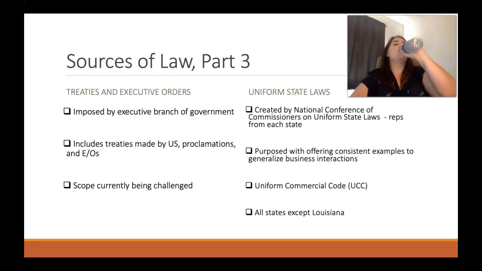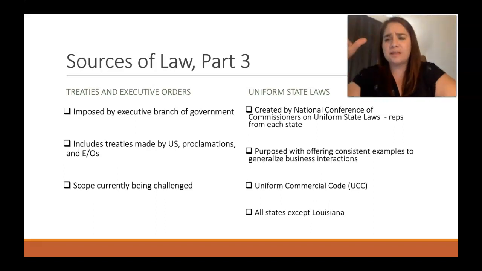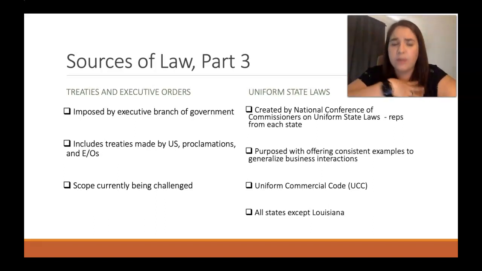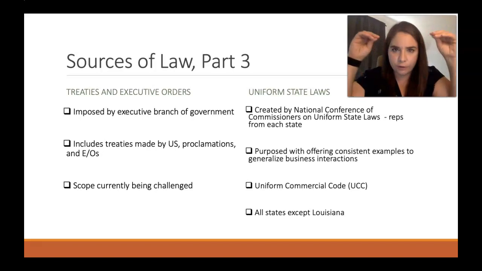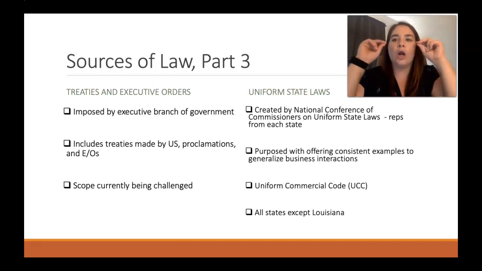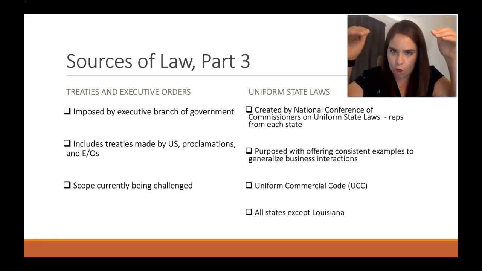Now, things that we're going to talk about less in this class, treaties and executive orders, simply because this isn't a government class. Sometimes I wish it was, but it's not. So, treaties and executive orders are imposed by the executive branch of government. We have been, since the Obama administration, in this huge flux of how we think executive orders can be utilized to govern areas where Congress or our legislators have historically been in charge.